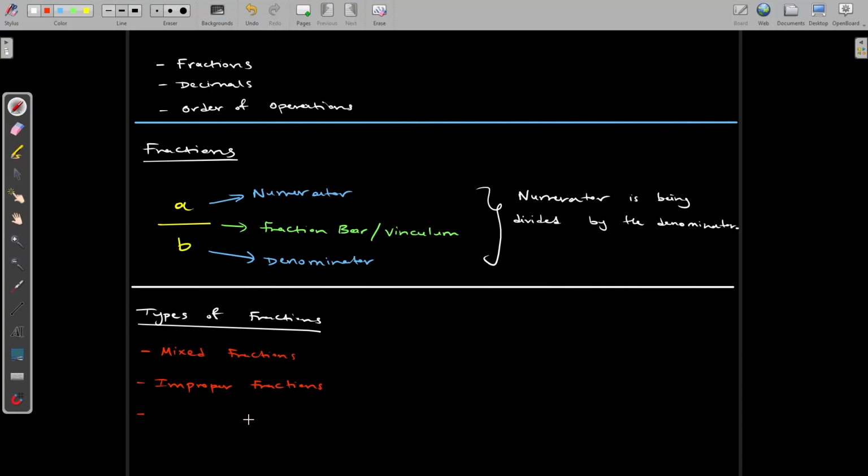And what's the last one? Proper fractions. So these are the three main types of fractions that you will encounter.